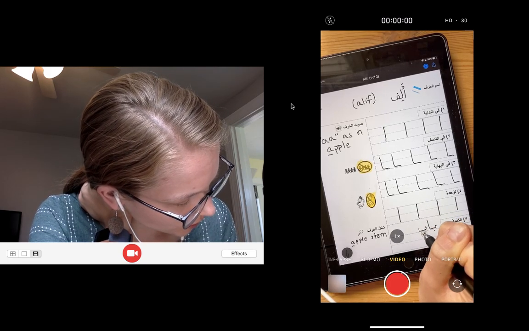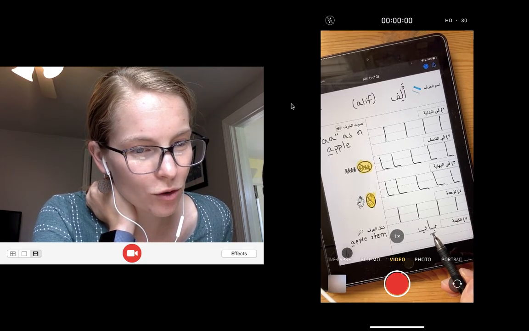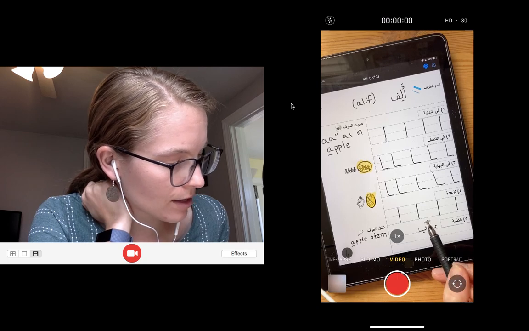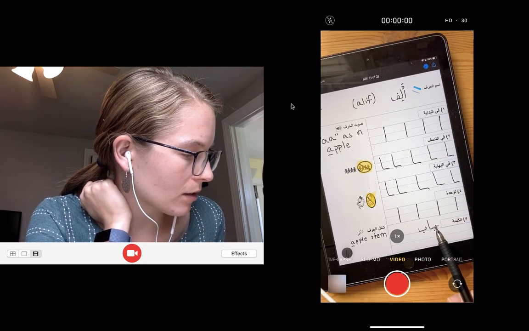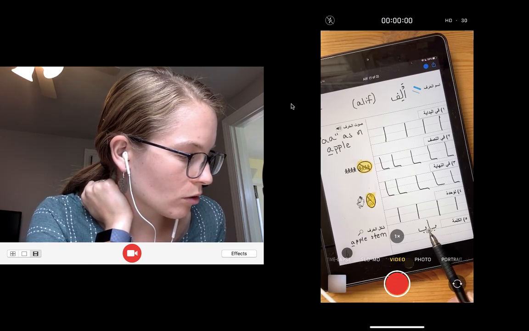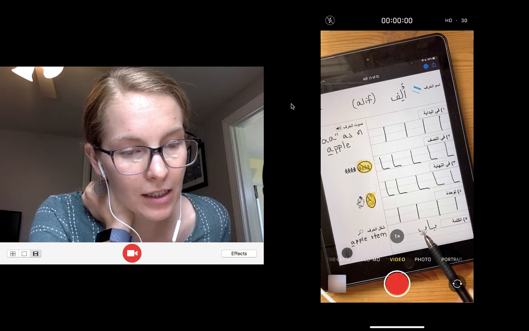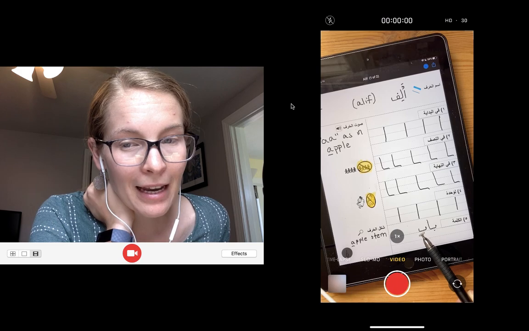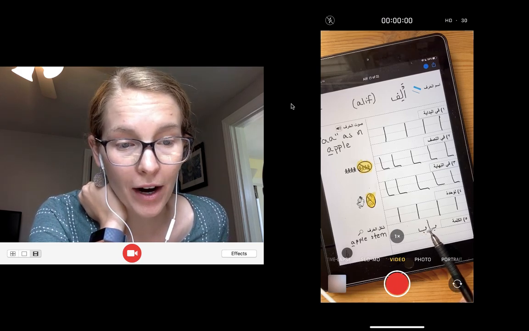See if you can read this word out loud before I tell you. So remember, this is the letter ba. We have two bas, and now see, this is the alif. And see how we used the middle form, right? Because it came after a social letter. So ba is social, so then we went up into our alif. And then we have a ba in its independent form. It's in its independent form, even though it's at the end of the word, right?